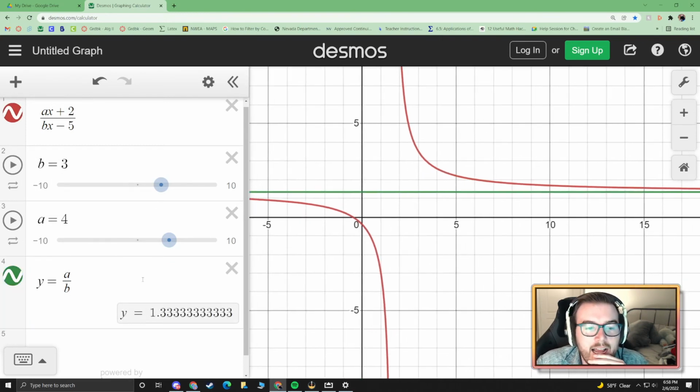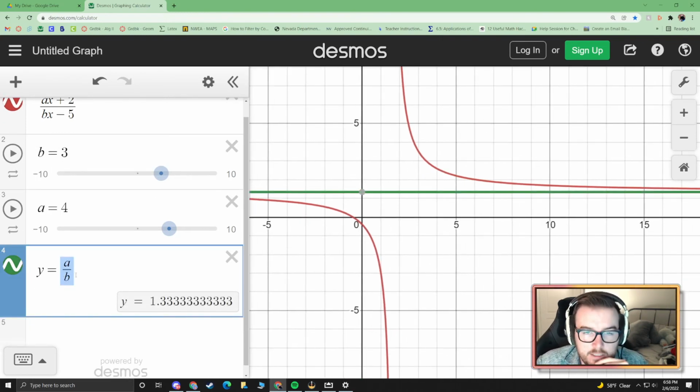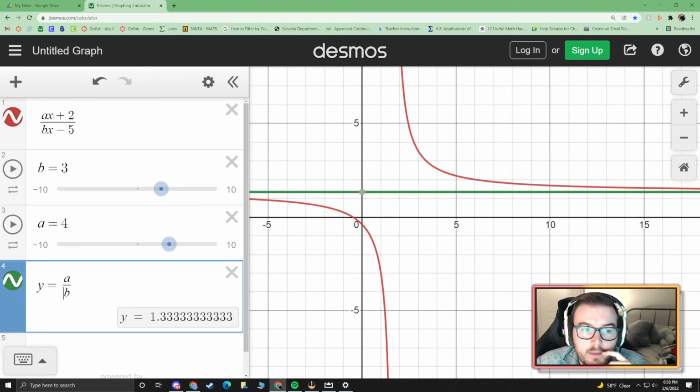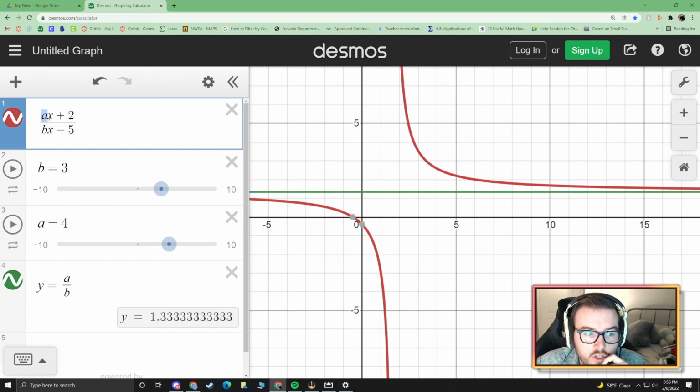So look at how I've defined the asymptote. The asymptote is defined as a divided by b, the quotient of a and b. Why am I doing a divided by b? Because a is the top coefficient and b is the bottom coefficient.